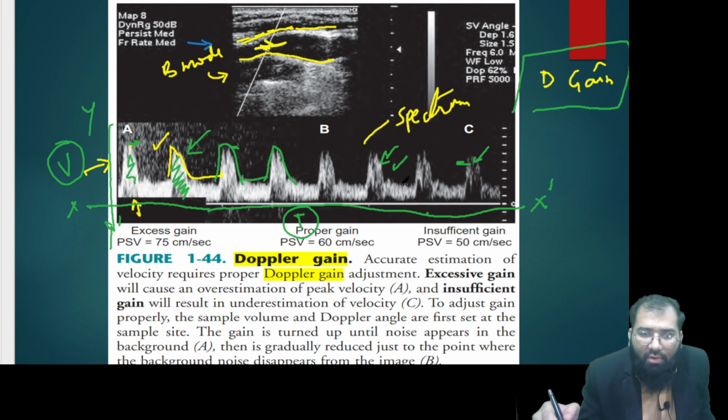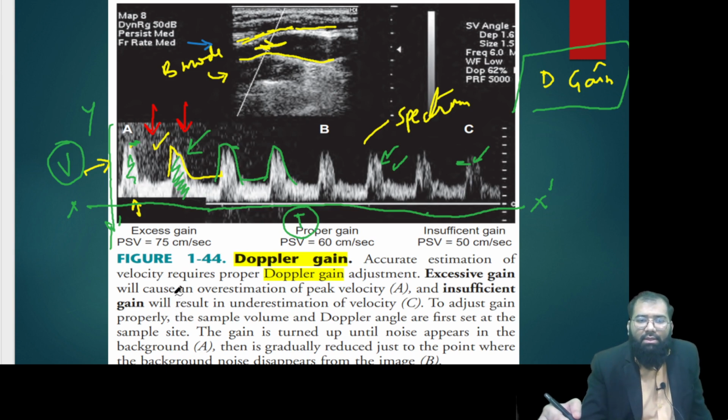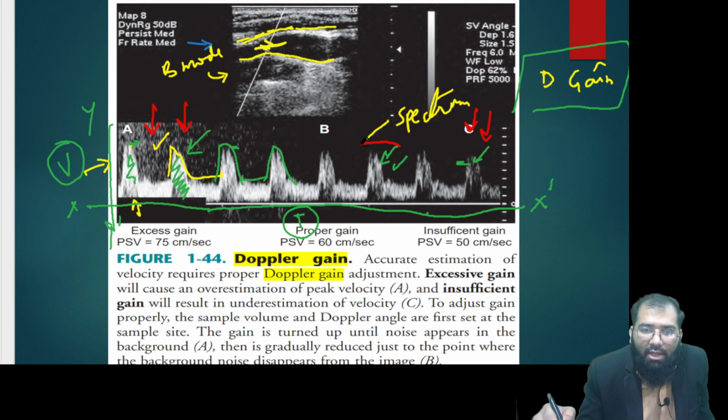So excessive Doppler gain is seen like this. So this is an example of excessive Doppler gain A. Insufficient Doppler gain is this C, that is low PSV. Okay, and if you put it adequate, you get such waveforms.